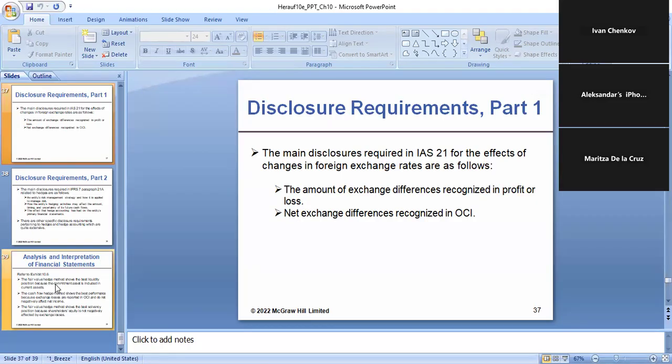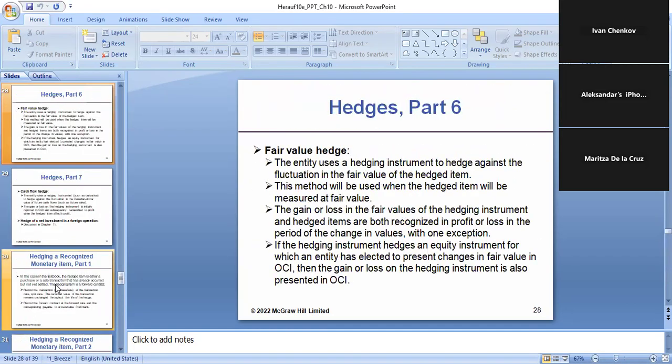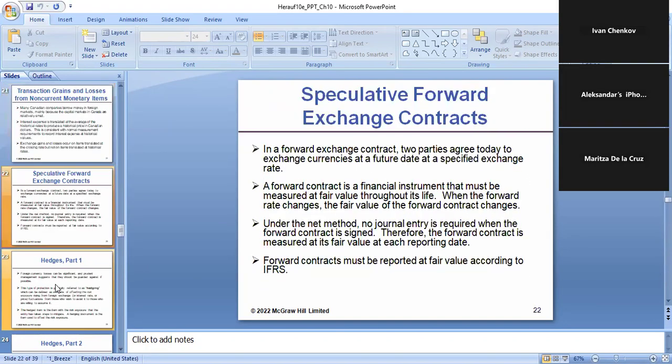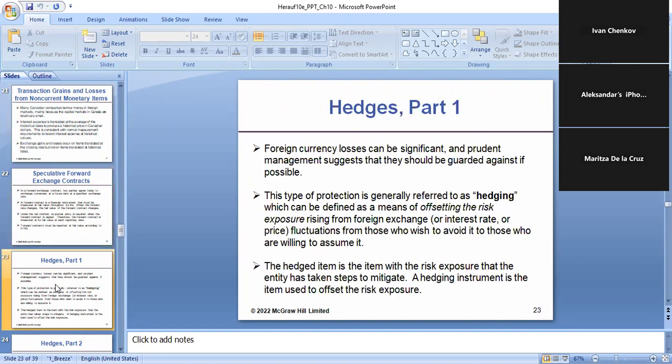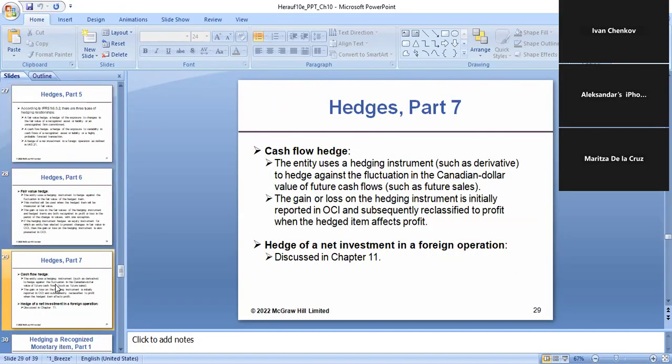Now, what kind of instruments do we have here? We're talking only about the forward contracts. The forward exchange contracts are the only ones that are going to be recorded under hedge accounting.